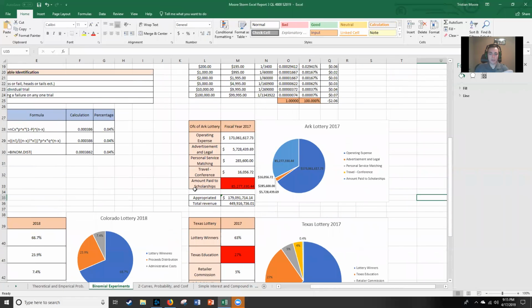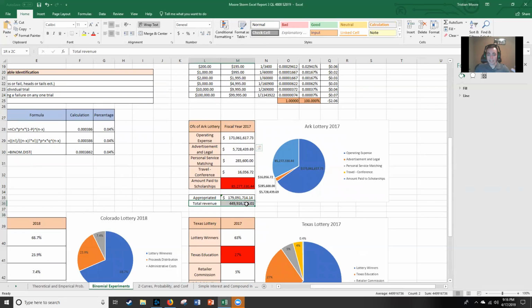I put this down here, appropriated, which means this is the total revenue that the Arkansas Lottery actually generates, but the state of Arkansas only appropriates $179,100,000 to that branch of the government, the Office of the Arkansas Lottery, which is actually a government entity. So here we have operating expense just to keep the place running.